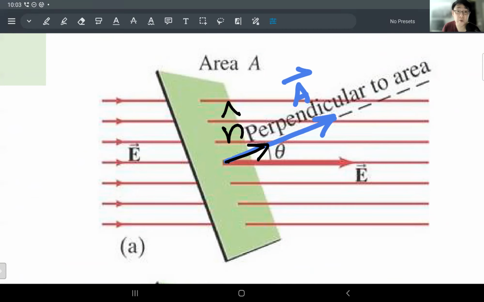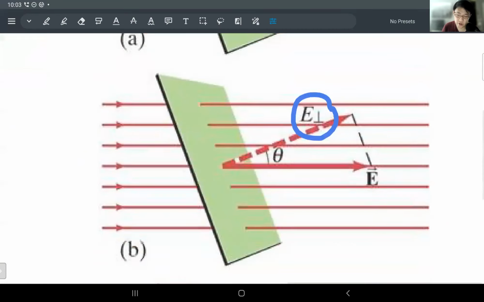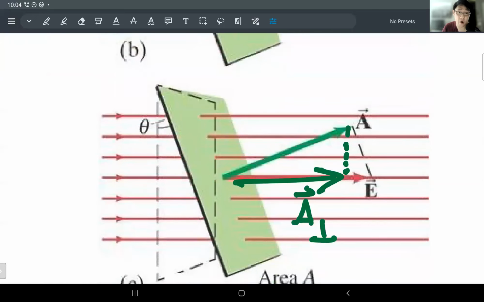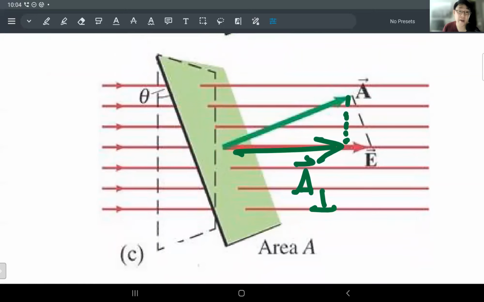So that's why you had two ways of doing it. One way is to find the perpendicular component of the electric field with respect to that piece of area. Or, because now we have already defined that area vector, you can take the components of the area vector instead and keep the electric field vector fixed.